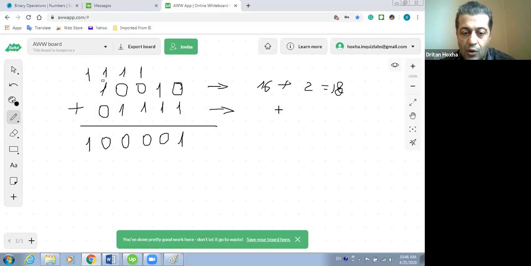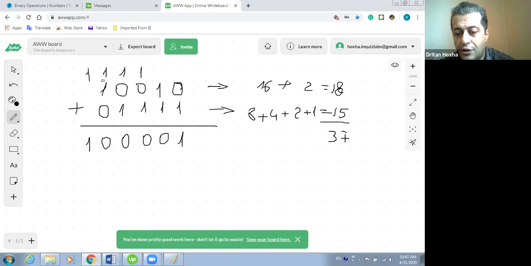We have 1 one, 1 two, 1 four and 1 eight, but we don't have any 16 here. So we have 8 plus 4 is 12, plus 2 is 14, plus 1, the result is 15. So if we add 18 and 15, the result will be 33.